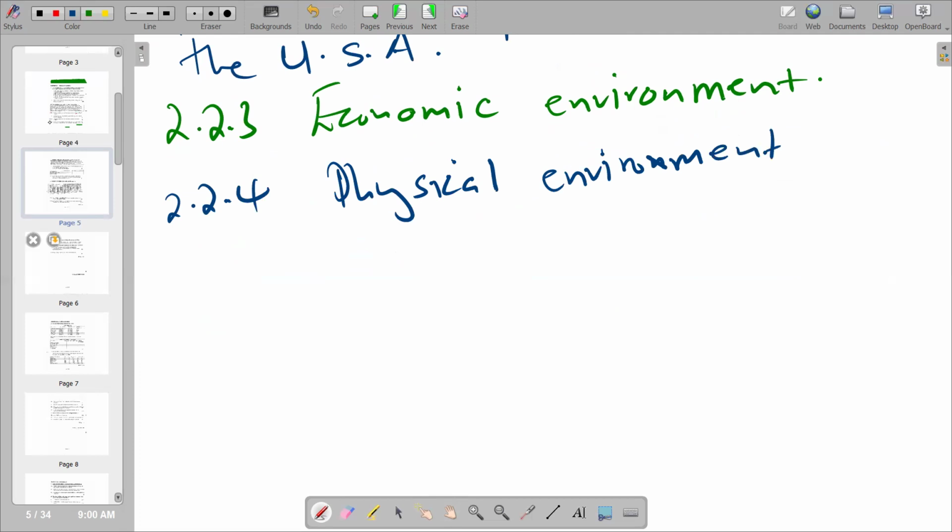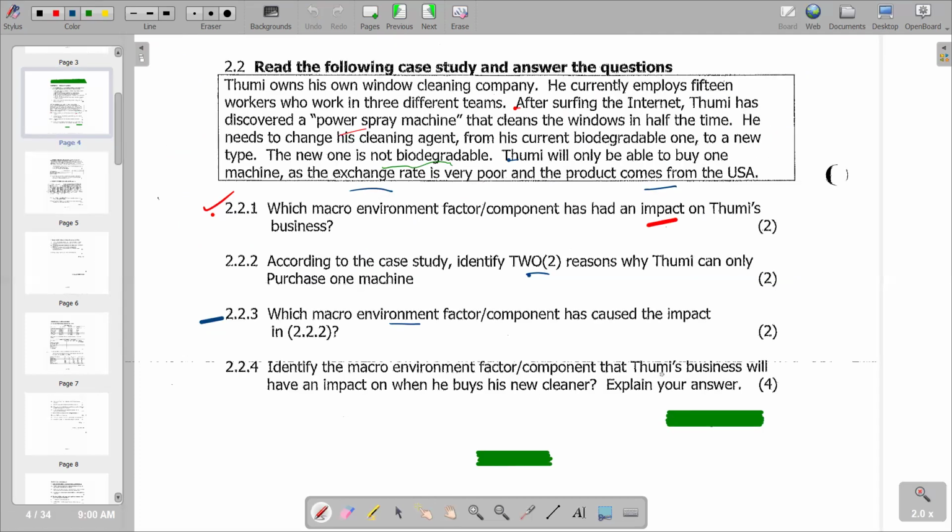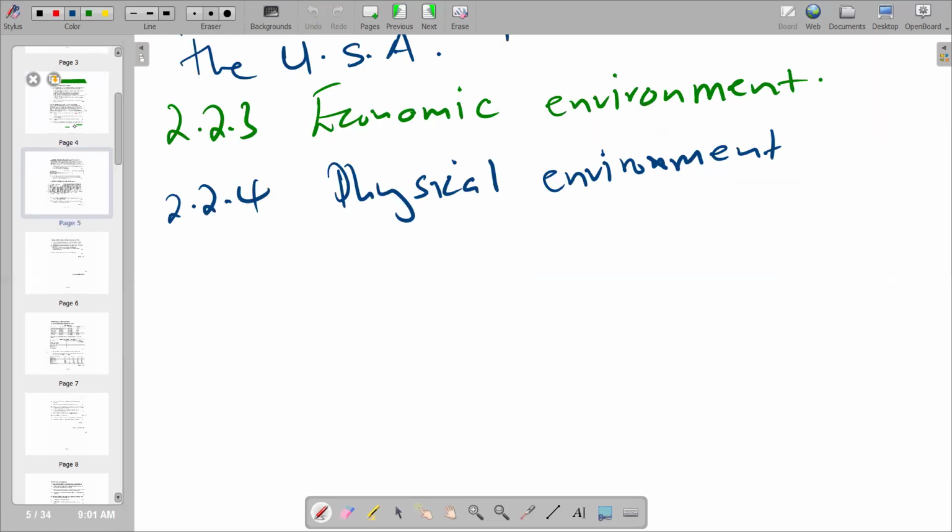Physical environment. And remember, the question goes on to say, explain your answer. On the explanation, you are going to give the explanation that the new one is not biodegradable. So that becomes the response that we have. The new cleaning agent is not biodegradable. That's the response that we are going to give in terms of explaining.